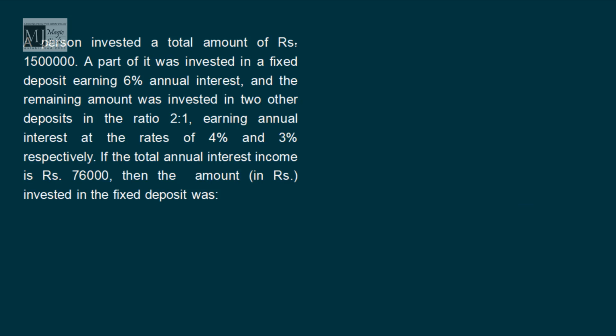A person invested a total amount of rupees 15 lakh. A part of it was invested in a fixed deposit earning 6% annual interest, and the remaining amount was invested in two other deposits in the ratio 2 is to 1, earning rates of 4% and 3% respectively.